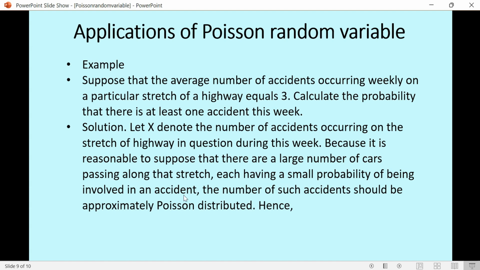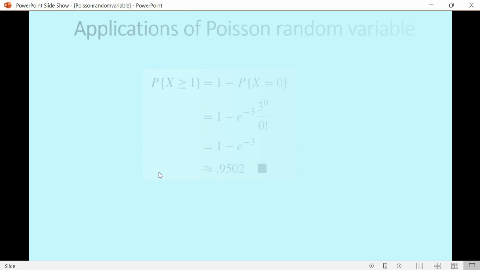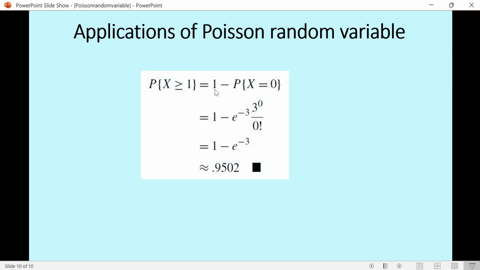If we want to know the probability of at least 1 accident this week, we can use 1 minus the probability that there are no accidents this week. The probability of x equals 0 is this expression, so 1 minus this expression is about 0.95.